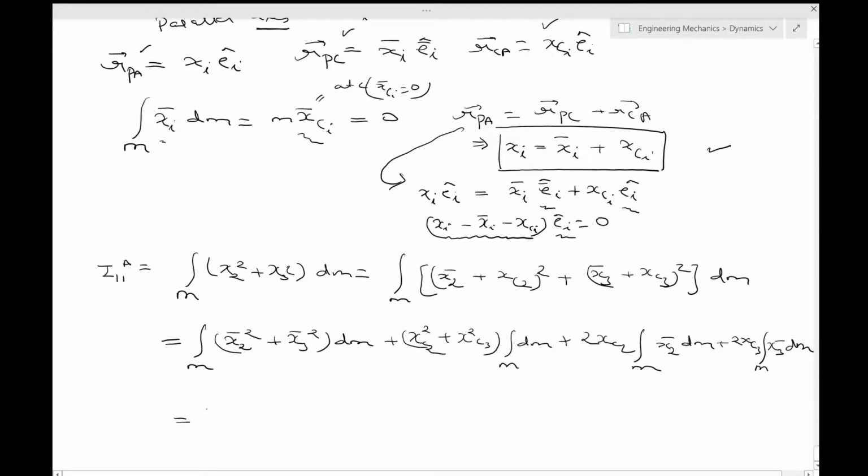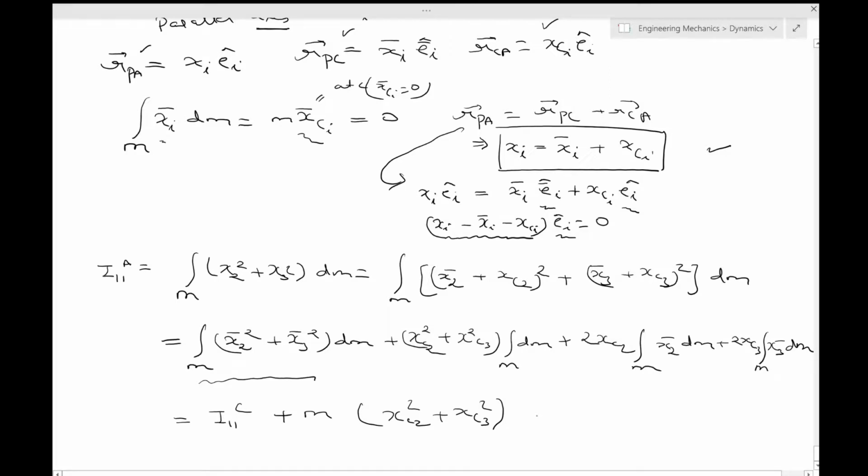This is equal to I11c, this one, plus m into xc2 whole square plus xc3 whole square.